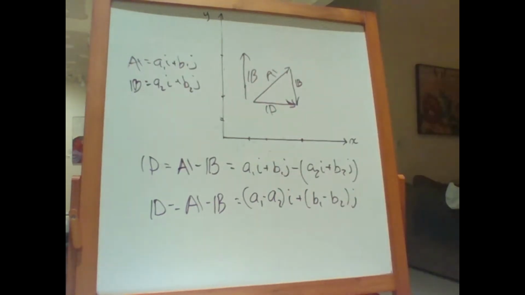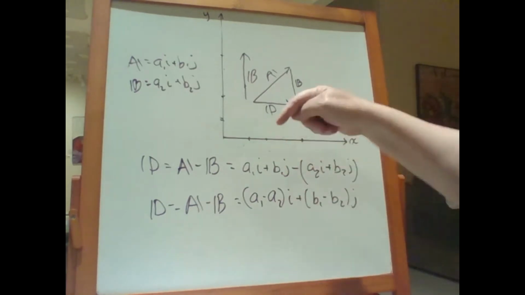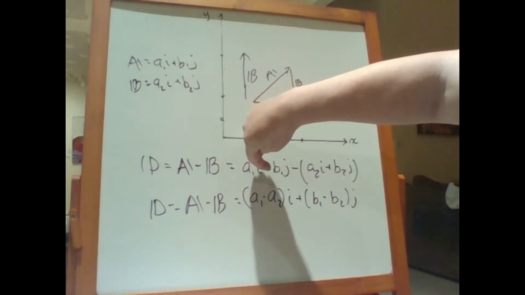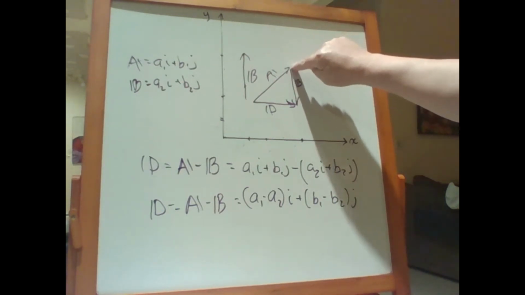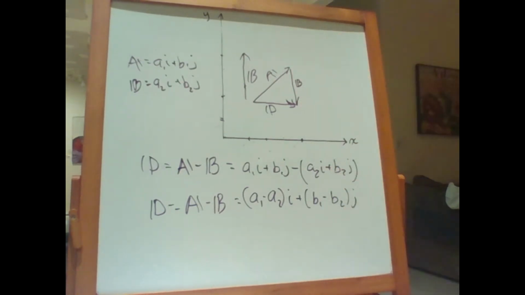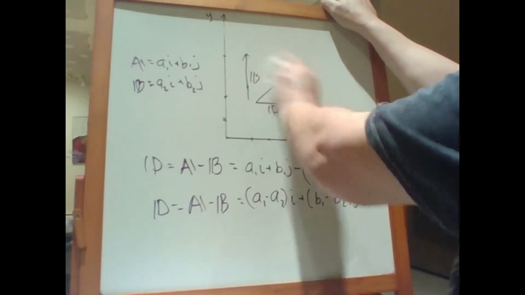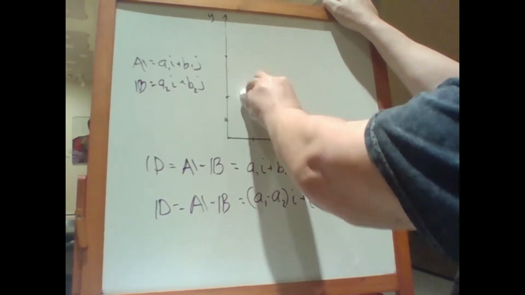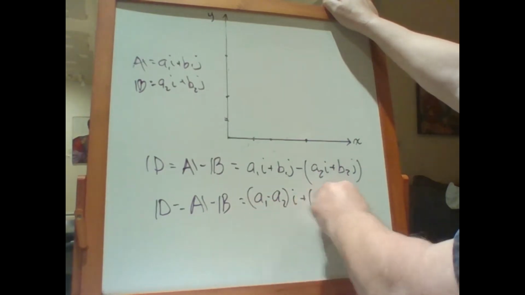If we say minus b, then we would take b and put it on the tip of a and in the minus direction. So that's how you would subtract vectors graphically.